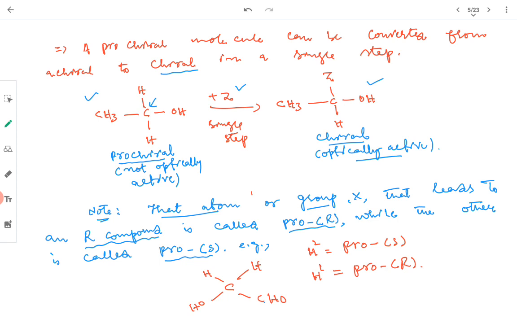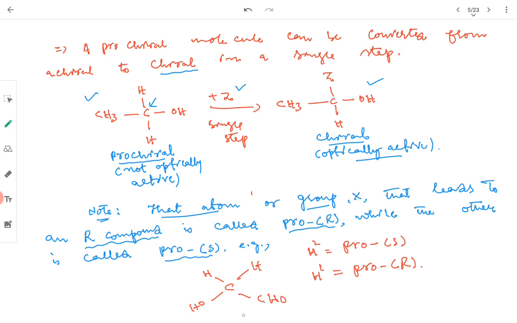This nomenclature you have to keep in mind: the two atoms or groups in a prochiral molecule, we call them pro-R or pro-S depending on what they form. If by replacing an atom in a prochiral molecule you obtain an R enantiomer, we'll call this group pro-R. And if by replacing that group we get the S enantiomer, we will call it pro-S.